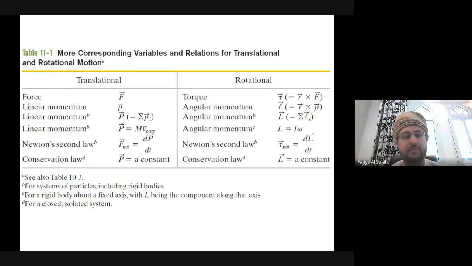So another sample. A whole bunch of laws translated for you.